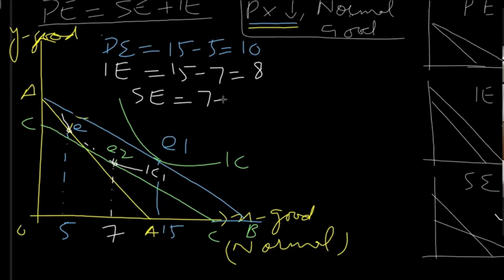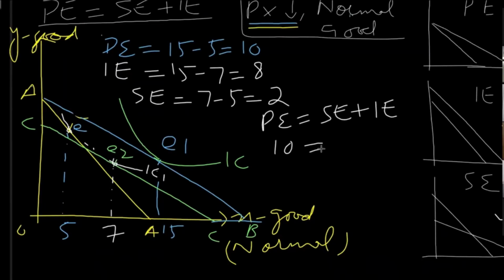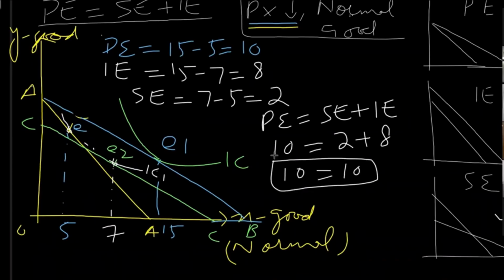So 7 minus 5 will give us substitution effect. And now if we put these values into the equation, that is price effect is equal to substitution effect plus income effect, then price effect is 10, substitution effect is 2 and income effect is 8. So 10 is equal to 10. So we proved that price effect is collectively equal to substitution effect and income effect.